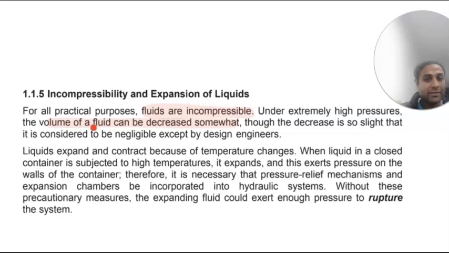The reason is that the volume of the fluid has increased, so the system thinks there is extra fluid in the system. Now, in hydraulic gauges and hydraulic systems, the change in the volume of the fluid with respect to the change in temperature is already calculated, and we build the system in such a way that it compensates for that change.